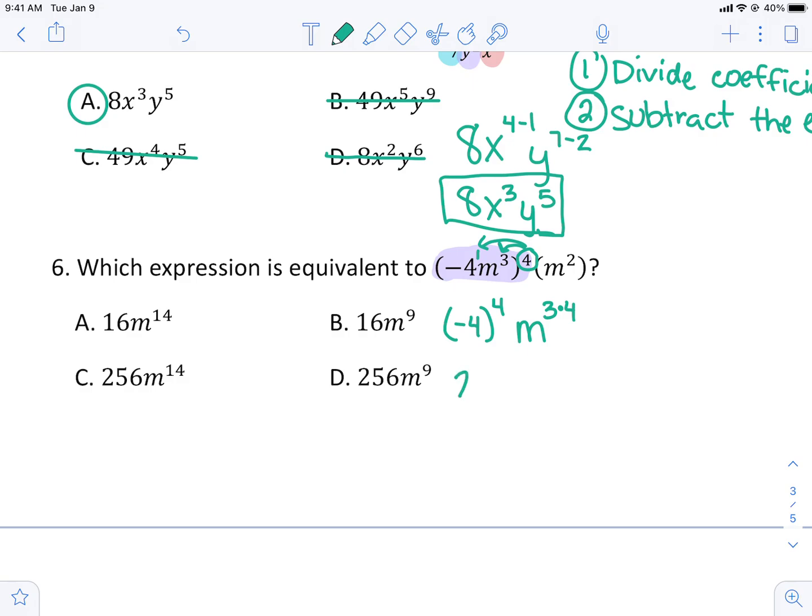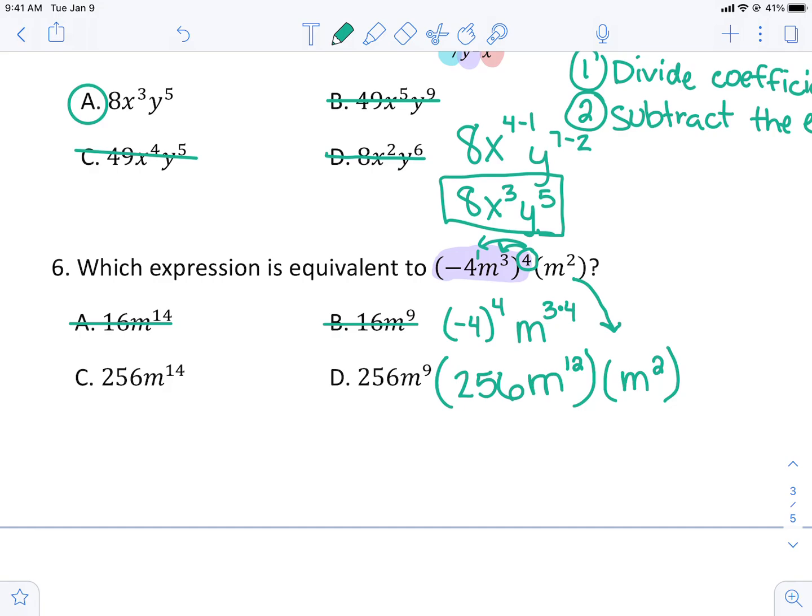So that gave me 256, which automatically lets me eliminate answer choice A and B. Okay, now I need to check my exponents. So I multiply 3 times 4, I get 12. But we're not done, okay? Because we have to drop down this other one that we haven't used yet, the m squared.